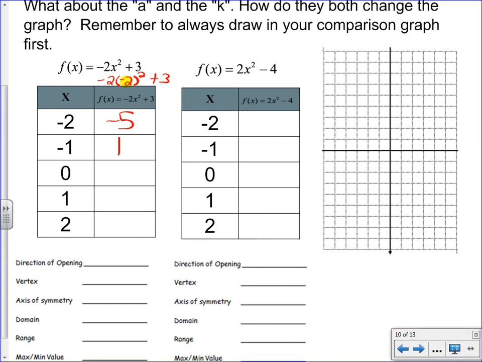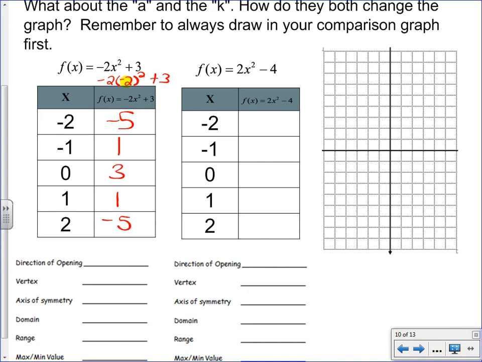Caitlin, what do I get for f at 0? Not 0. Negative 2 times 0 squared plus 3. If you put that in your calculator, you get 3. Then it becomes f at 1. Vanessa, what do I get? Oh, sorry, Yulia? Not 2, 1. And then Vanessa, what do I get at f at 2?